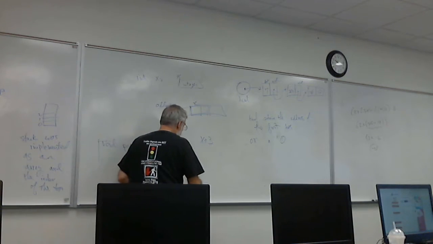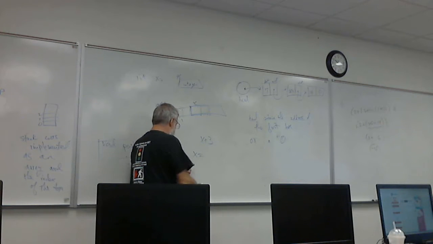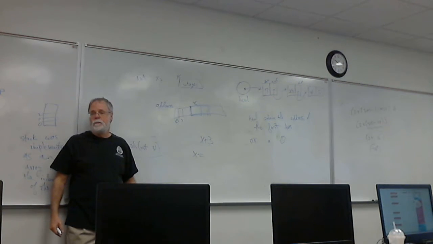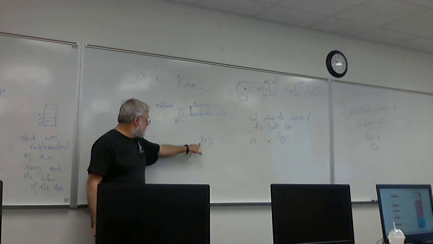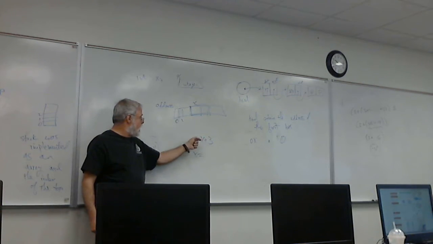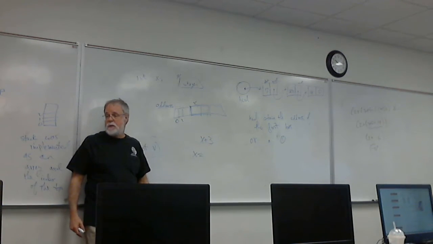Or if you write x equals, that changes x. So the first is a lookup operation. We look up what's in x and bring it back to the CPU. We take a copy of what's in x, bring it back to the CPU, and add 3 to that copy. X itself hasn't been changed yet.